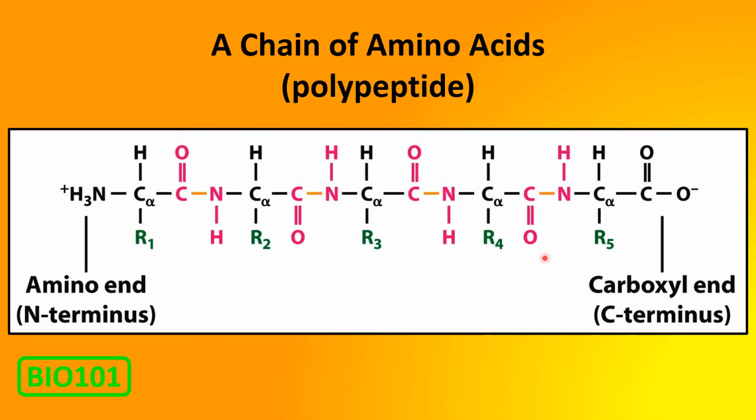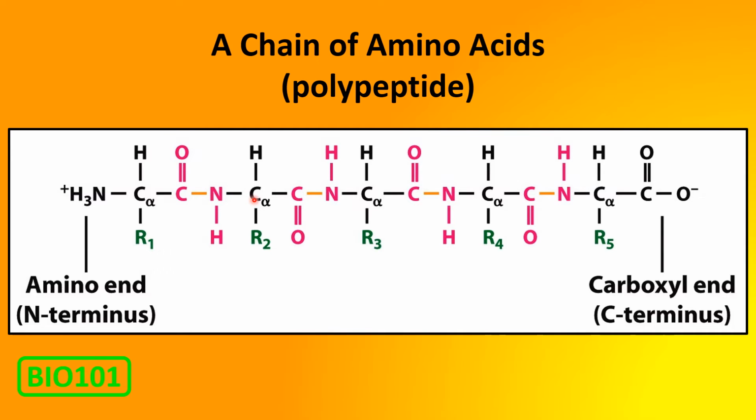Okay, so a chain of amino acids, we call it a polypeptide because the bonds that hold amino acids together are called peptide bonds. And so we have this long chain, and you can see here's the basic structure that we saw on the previous slide, right?